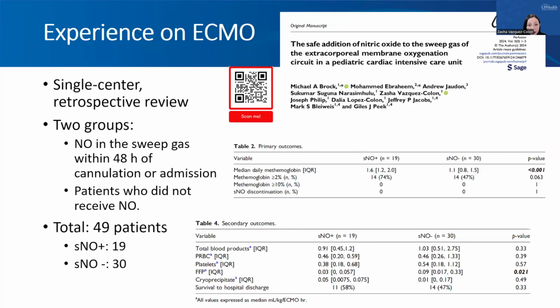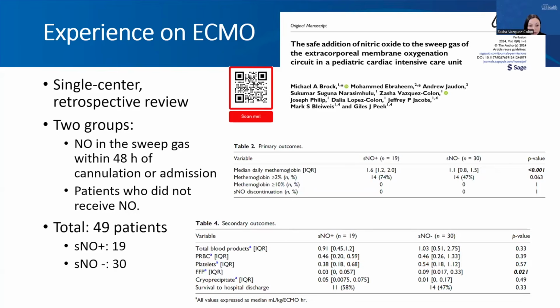In terms of primary outcomes, we were looking at the safety of adding the nitric oxide to the sweep gas. And so we were looking at the median daily methemoglobin levels. There was a difference between the group that had nitric oxide in the circuit and the group that did not, with a p-value less than 0.001. But this difference was not clinically significant in our patient population.